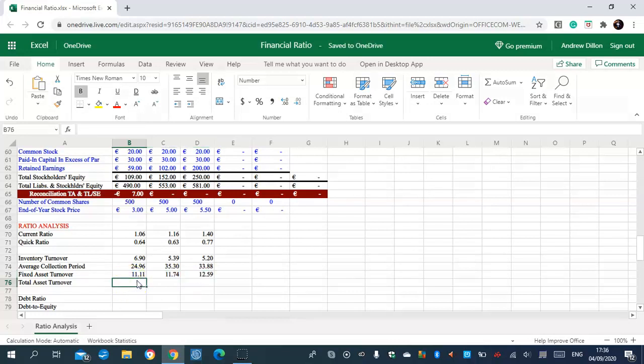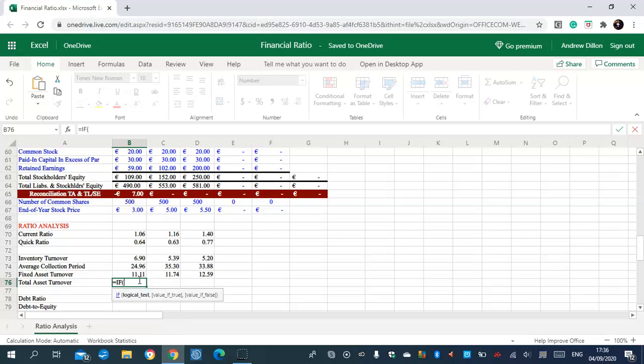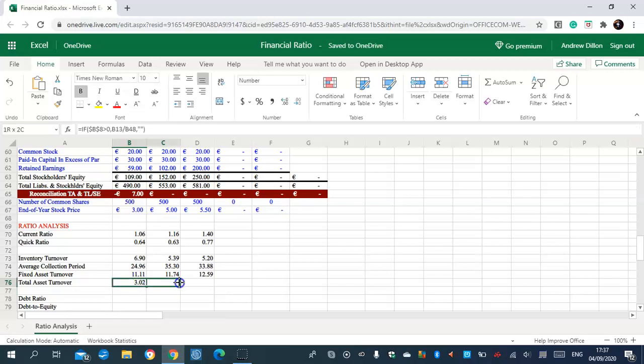Right, next one is total asset turnover. So far, so good.